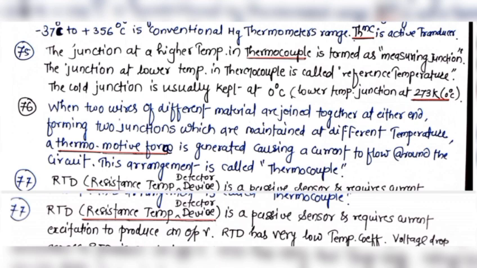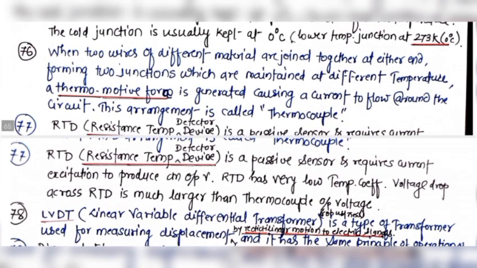Thermocouple is an active transducer. The junction at a higher temperature in a thermocouple is termed the measuring junction. The junction at lower temperature in a thermocouple is referred to as the reference junction. Cold junction is usually kept at 0 degrees Celsius, or 273 Kelvin.